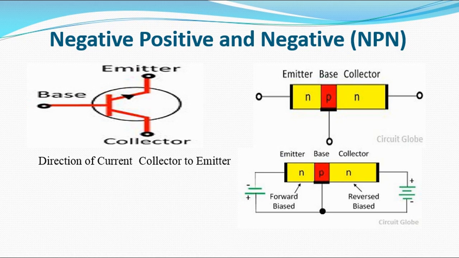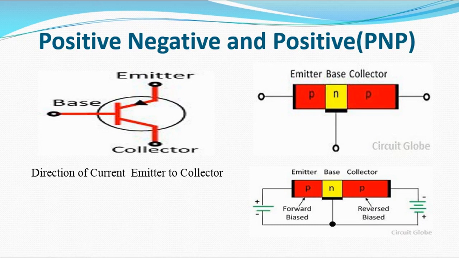So what I'm trying to say here, I want you to understand this. In terms of NPN, the current flows into the base, while in terms of PNP, the current flows out of the base.